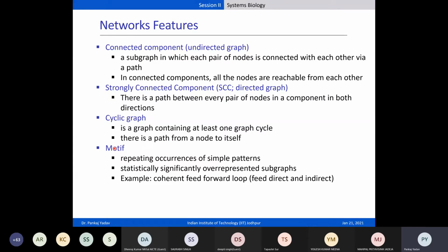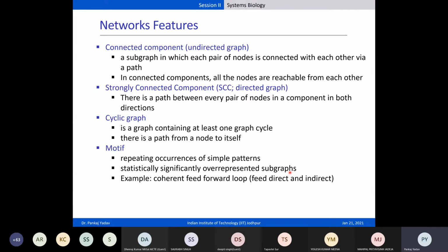Then another important definition is the motif. I will talk about motifs in more detail in coming slides. Basically it is a repeating occurrence of simple patterns. So a motif is basically a simple pattern, right? We have patterns which are statistically significantly overrepresented in subgraphs.